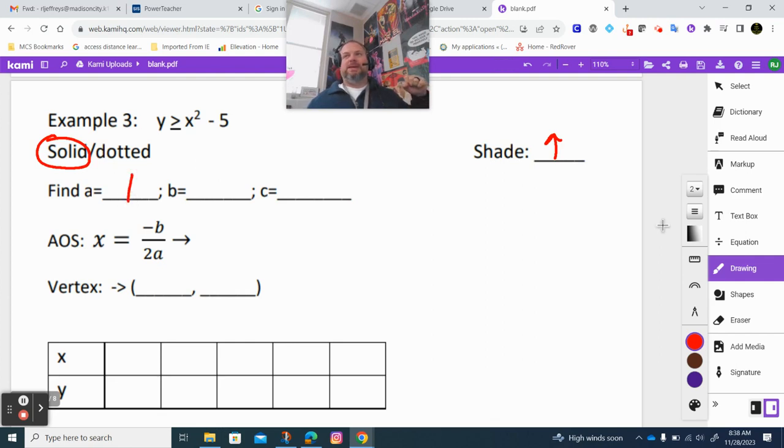What is B? 0. Remember, B is the number beside X. Remember, it's AX squared plus BX plus C. There's no B right here.